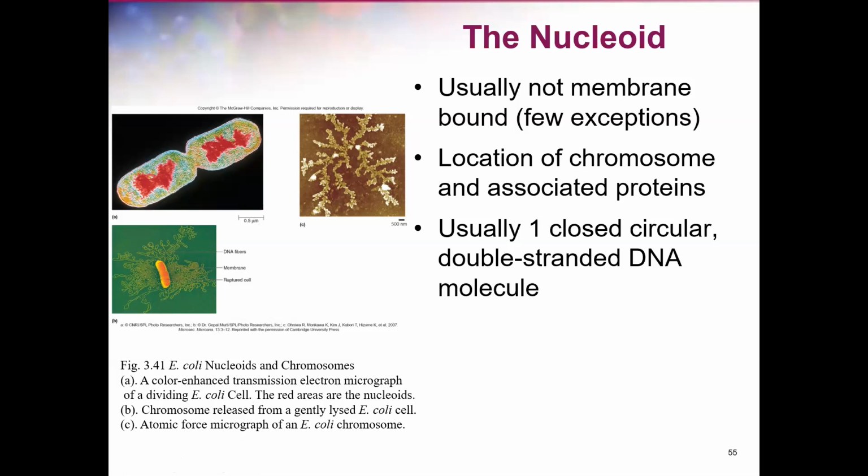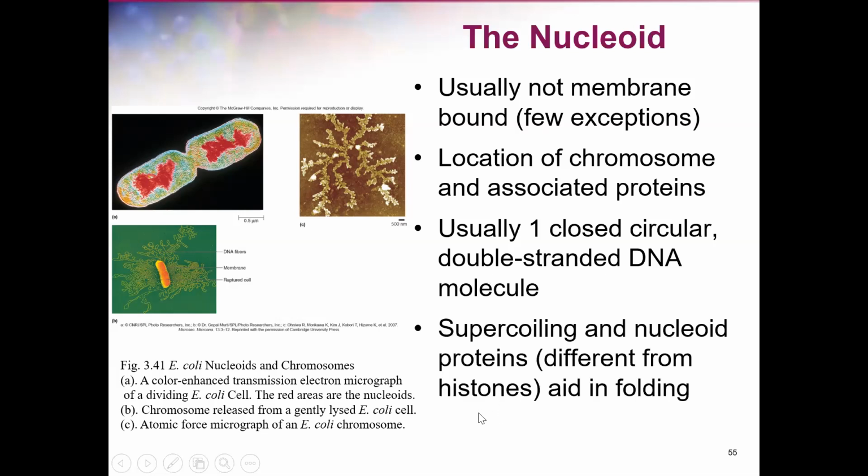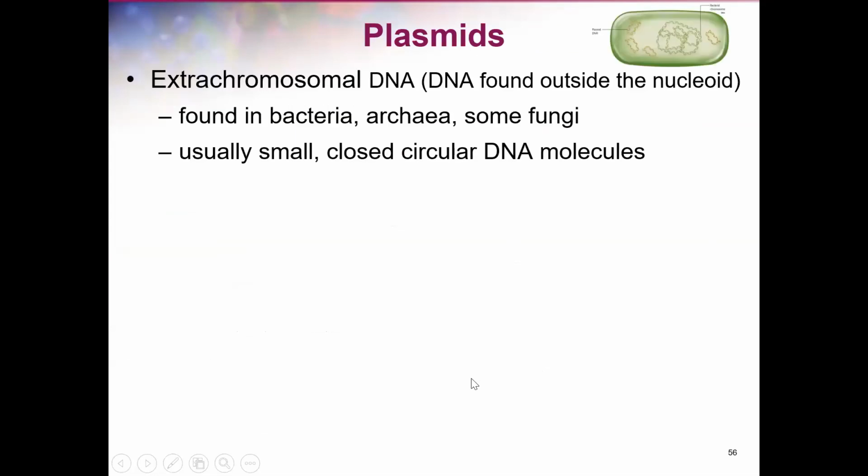Then you can see bacteria have only one circular double-strand DNA, the chromosome. Because it occupies a lot of space, they need to find a way to pack it, the so-called supercoiling. So we say nuclear proteins fold it.